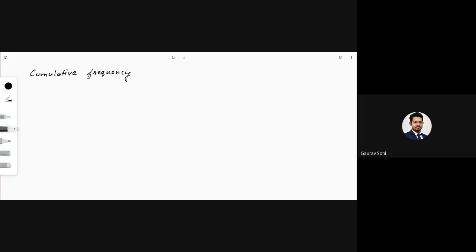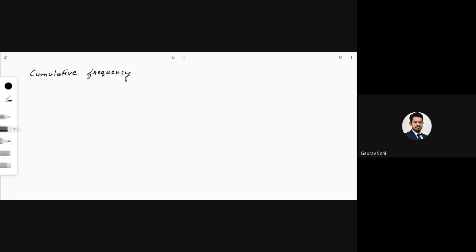So in this kind of case, we are counting a frequency which is greater than a certain number. In some cases, we count the frequency which is less than a certain number.